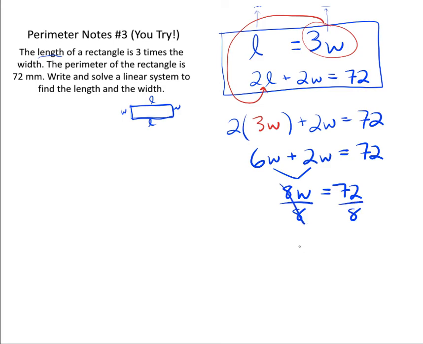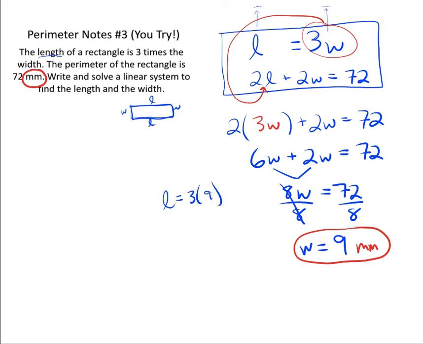So W equals 9. And remember, we have to do our label, and I only see one label in this whole sentence, so we have to really look for it. Millimeters. Ooh, that's a really small width. So that's the width. Now we need the length. So I'm going to, length is 3 times that 9, that width.